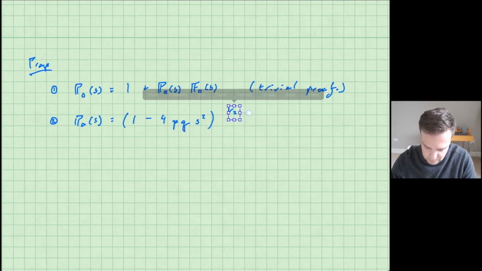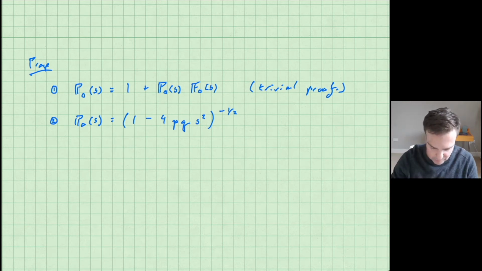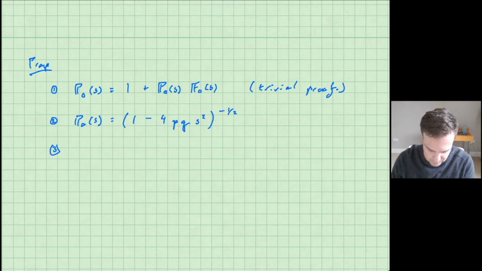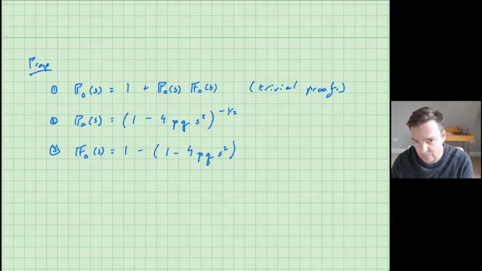So 1 over the square root of all this. That's the one we'll spend most of our time on in the proof we're about to do. And the third part of this proposition follows from 1 and 2. It just says that F0 of s is equal to 1 minus the quantity 1 minus 4 times p times q times s squared, all to the 1/2.